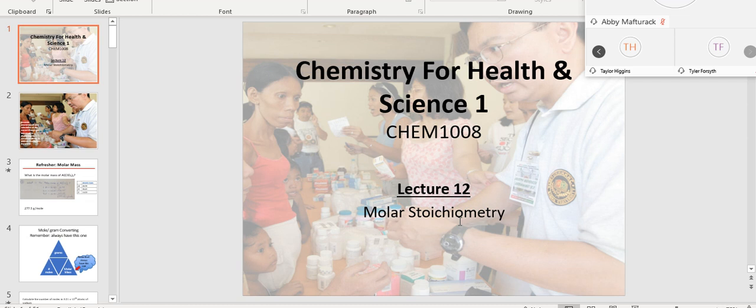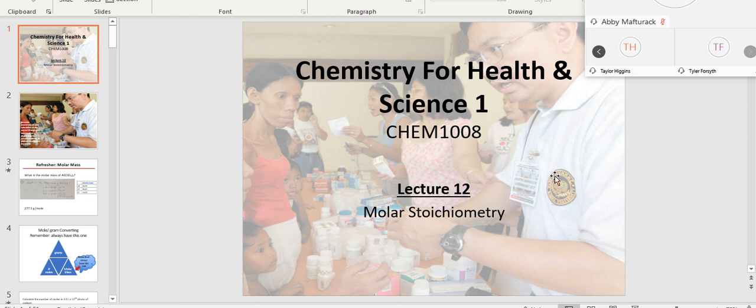Every single atom has to be accounted for. So being able to predict, if I have 1 mole of this and 2 moles of this, how much in theory can I produce of C or D? It all works together, and it's all about boxes. I'm going to show you those boxes today.